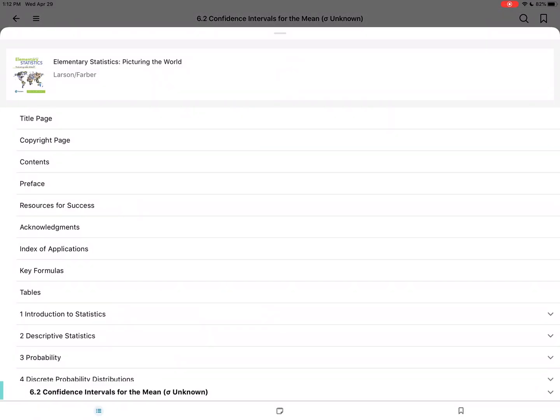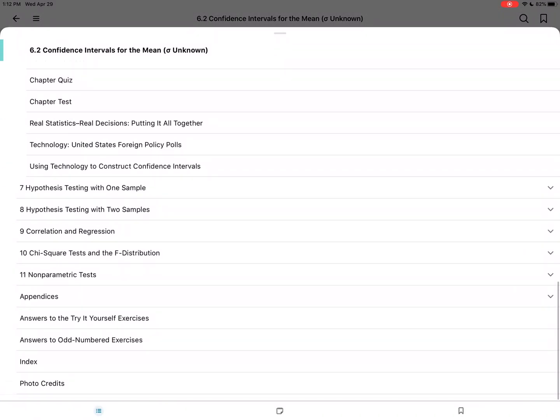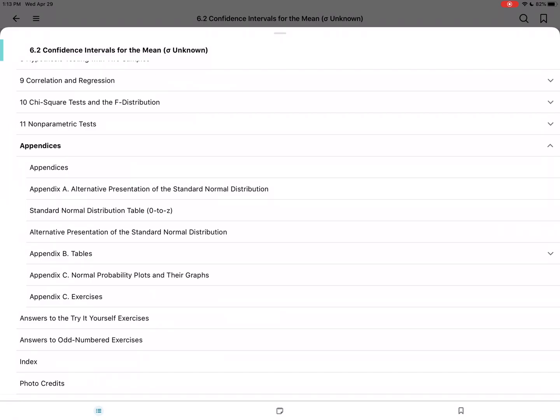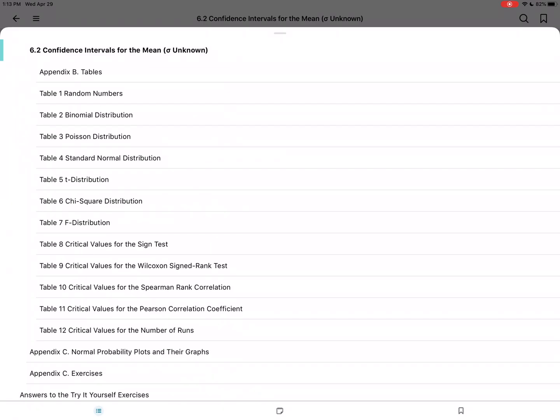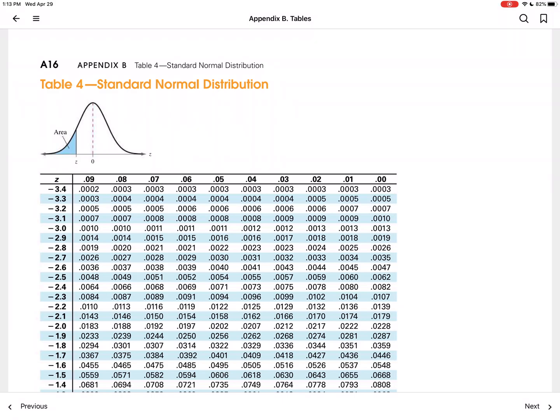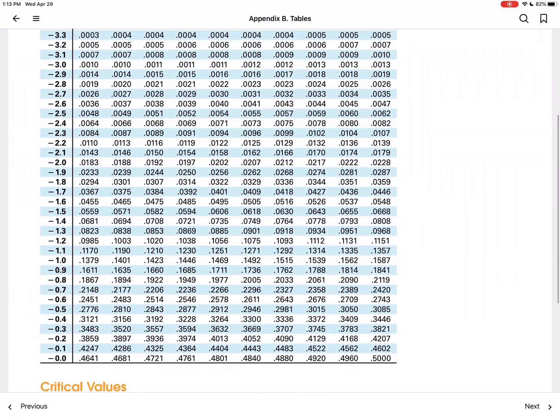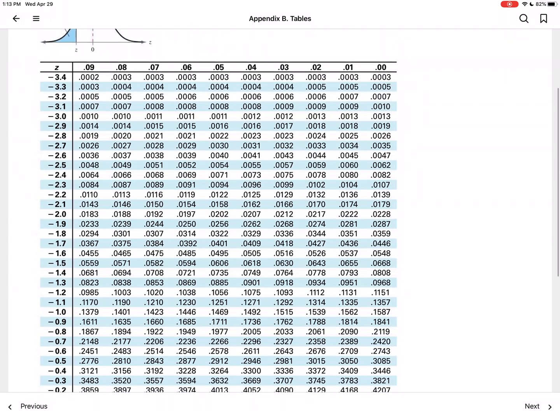And then tables. Okay, I'll show you how to do it in a calculator. Let's see. I think it's this one. Tables. Not the t-score, standard normal, right? Okay, so let's see it in technology.